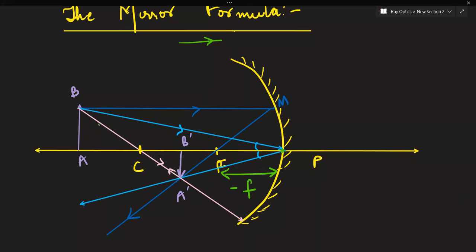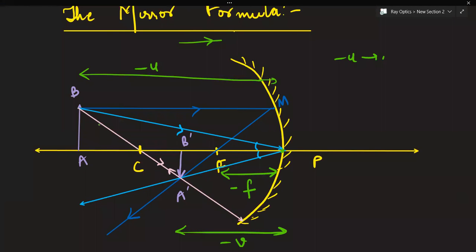Remember the sign conventions. Now, this distance from B dash to P becomes your image distance, minus V. And this distance from where the object is kept to the pole is minus U, that is the object distance. Fine. Minus U is the object distance.